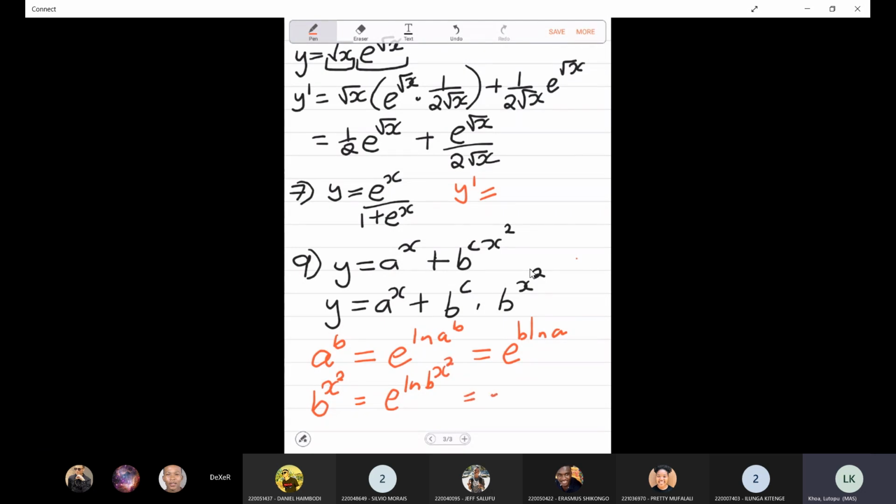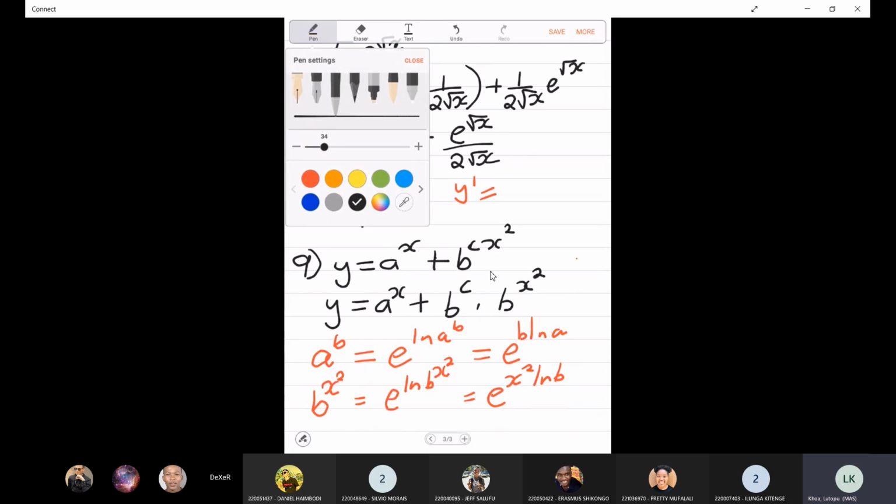So this is just e to the power of x squared times ln of b. And this is very easy to differentiate because we can use the chain rule to differentiate it. Okay, so this is not necessarily a standard derivative, but we expect you to use your laws of logarithms, simplify it, and then use a standard derivative.